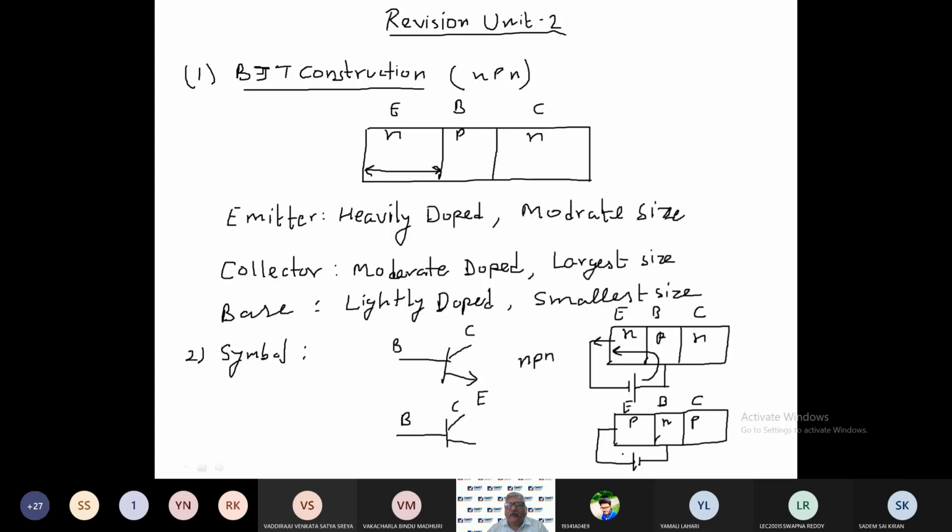Now what is the direction of current? Positive to negative. It will move like this. So current at the emitter terminal is entering inside the emitter. So here you have to show the current direction like this. So this is the symbol of PNP, right?